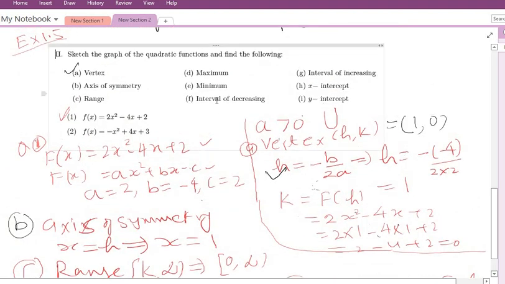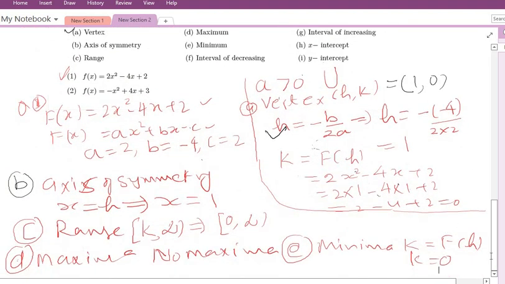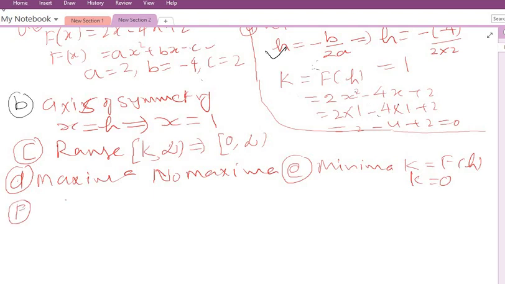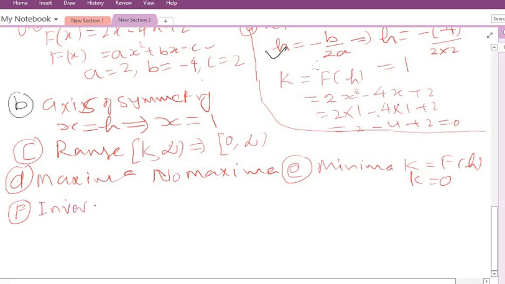Now F, interval of increasing or decreasing. Interval of decreasing is minus infinity to h, closed interval.